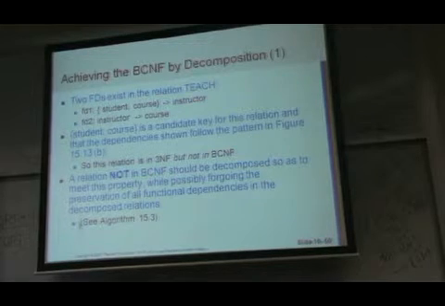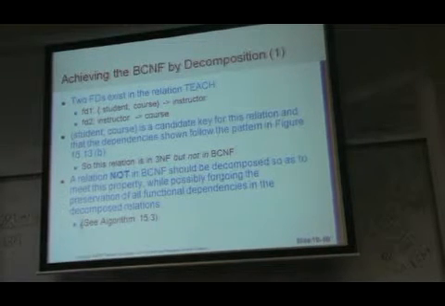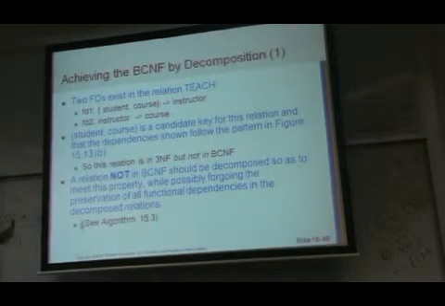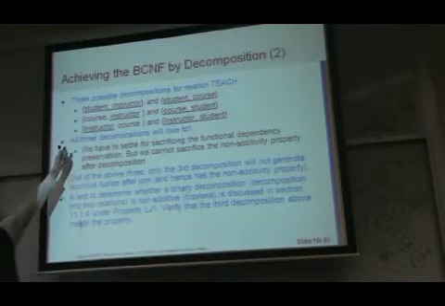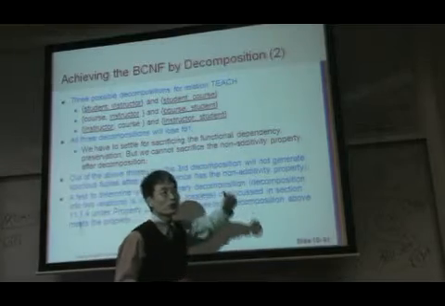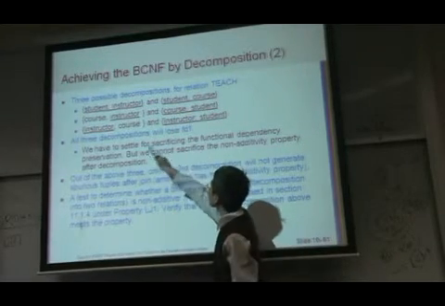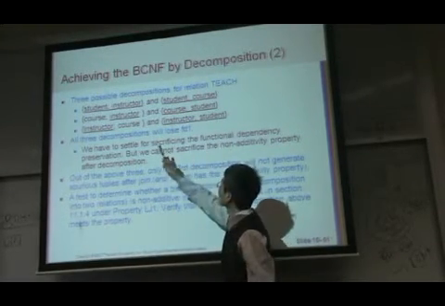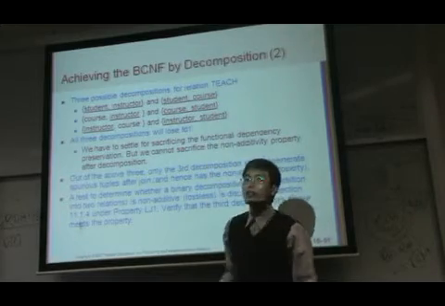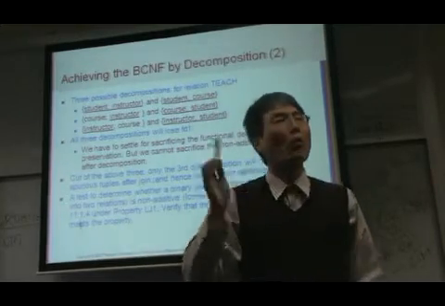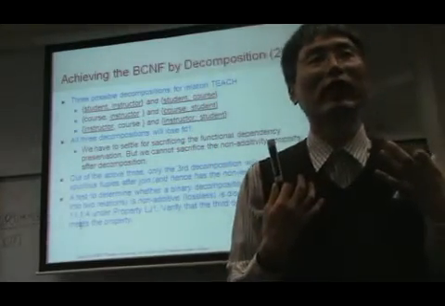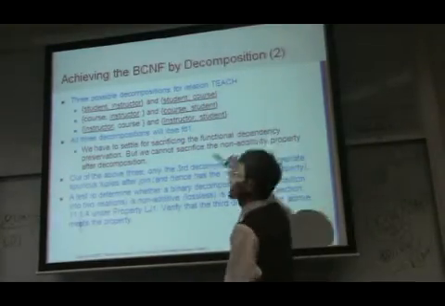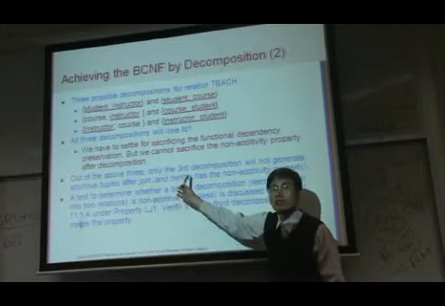So there are different ways of decomposition in this case. The first one is student instructor and student course. The second one is course instructor, course student. Instructor course, instructor student. It can be anything, but how can we decide? At that time, which one is the important information in your database?